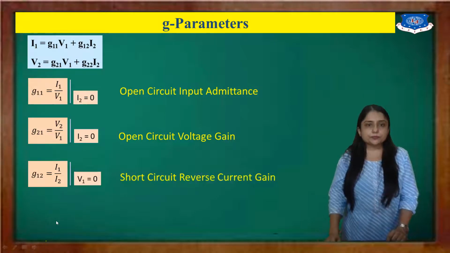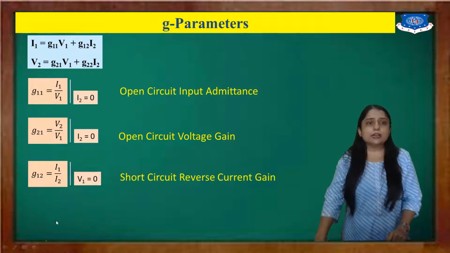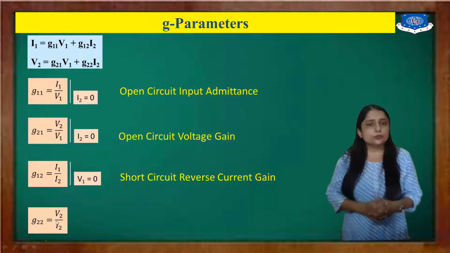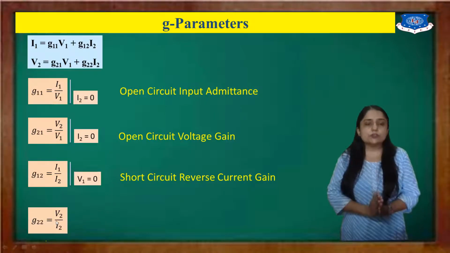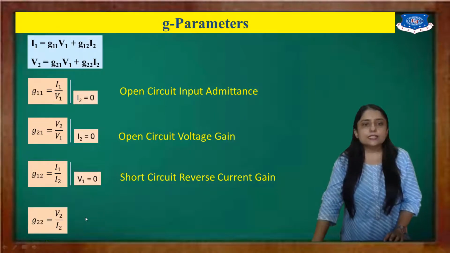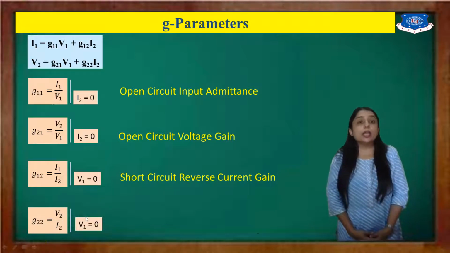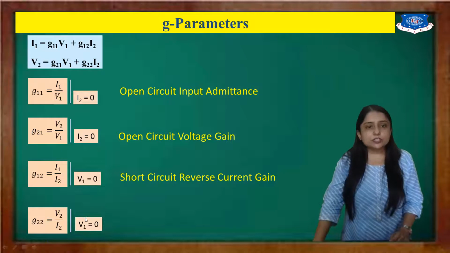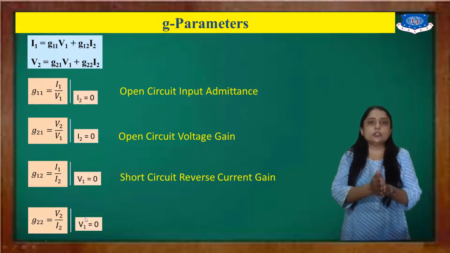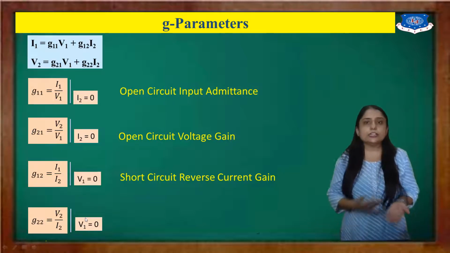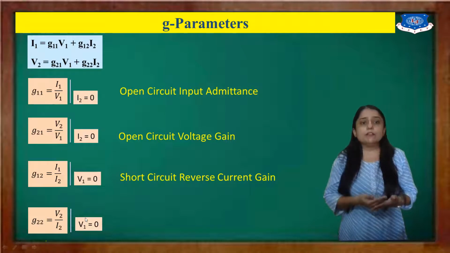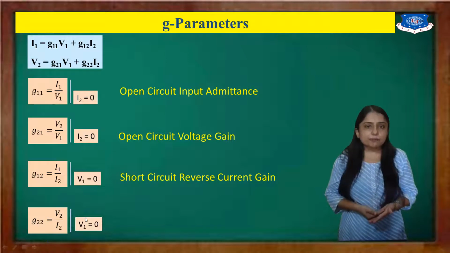Next I will get the final one, G22, which equals V2 divided by I2. Here again I have to consider V1 equal to 0, and voltage 0 means a short circuit. Here the 2 and 2 are definitely related to the output side, and V by I is the impedance.